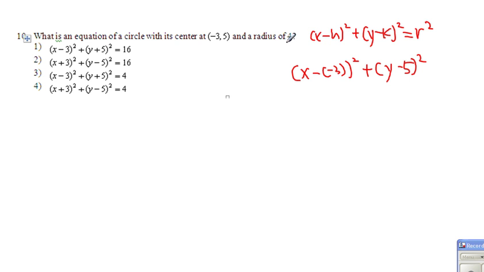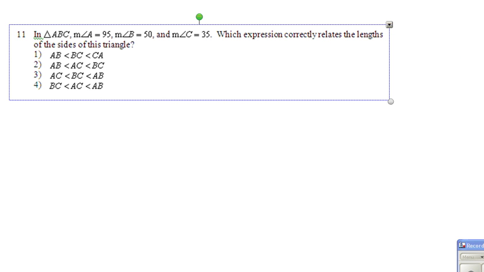That would be the beginning setup. But the radius is 4. Here, the radius is r. So 4 squared. That's basically what we're looking for. That means x has to become x plus 3, and on the other hand, 4 squared becomes 16. So our answer will be choice number 2.